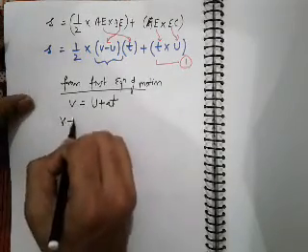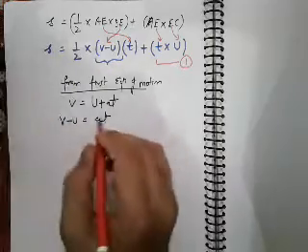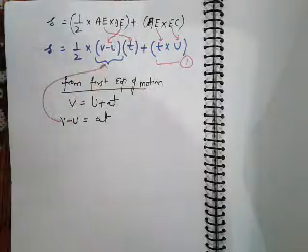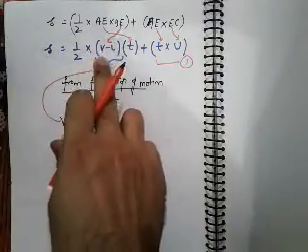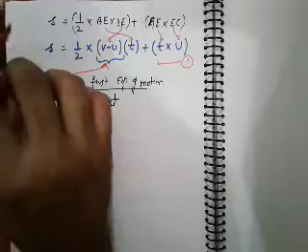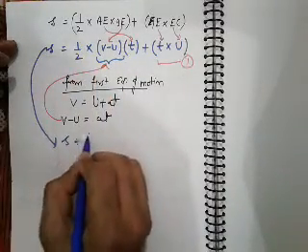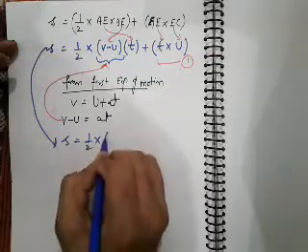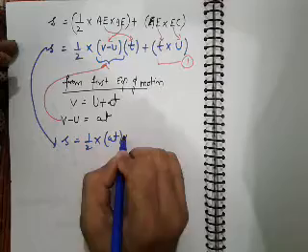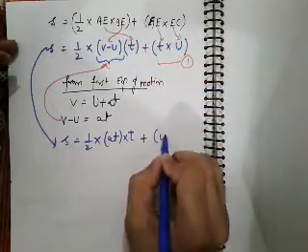Just try to solve V minus U as AT, and substitute this value of V minus U as AT here in this place, and solve it again. So S equals half into, in place of V minus U, I am going to put AT into T, plus this T into U I am going to write as UT.